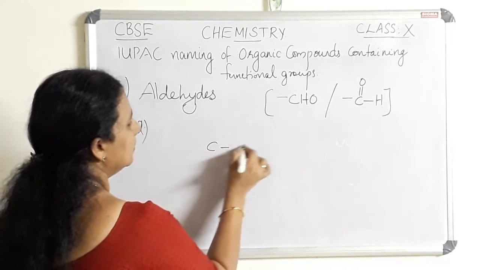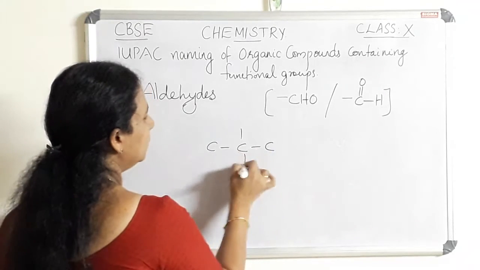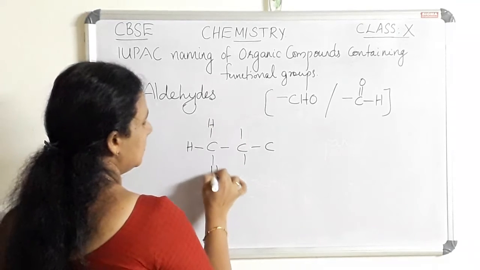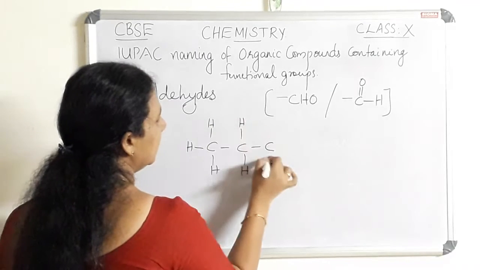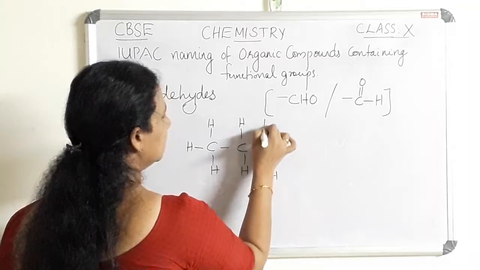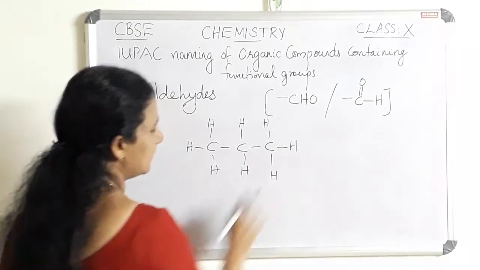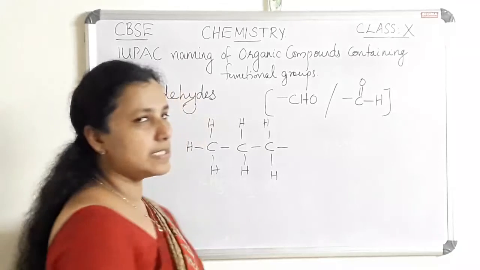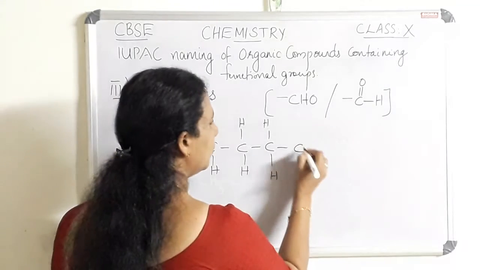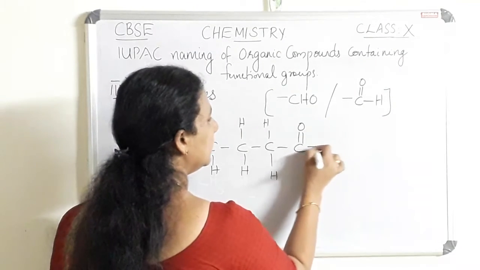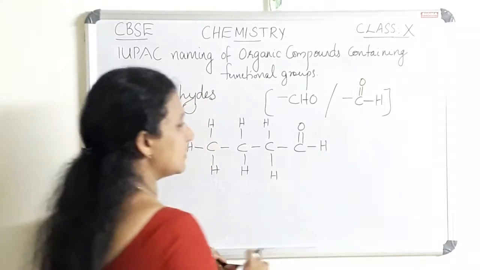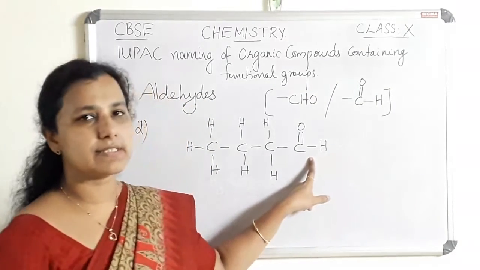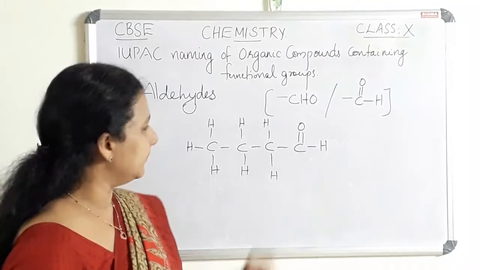Second example, a carbon compound containing 3 carbon atoms. So I am going to write a carbon compound containing 3 carbon atoms, and if one of the hydrogen atoms is replaced by a CHO group, CHO can be written in this way also. So CHO is here. This CHO indicates that this is an aldehyde.